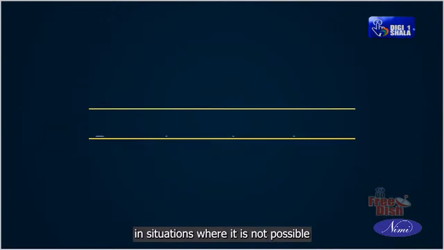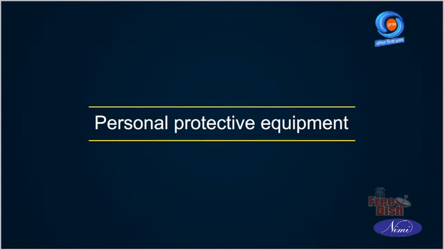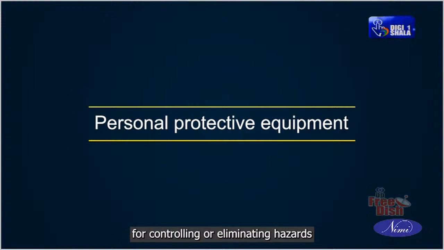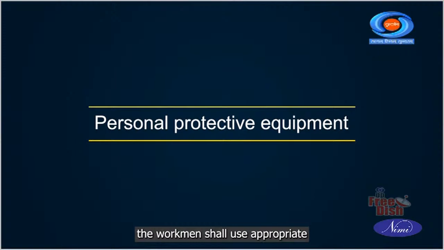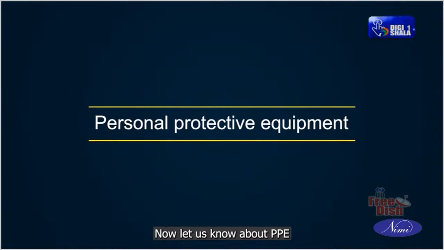In situations where it is not possible to introduce any effective engineering methods for controlling or eliminating hazards, the workmen shall use appropriate types of personal protective equipment. Now let us know about PPE.